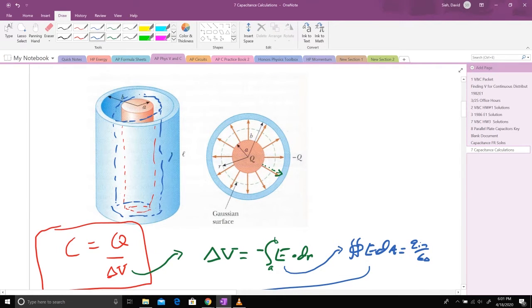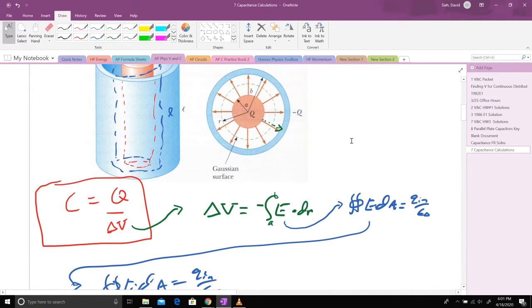It's going to have a length L, and it's going to have a radius here that is just a generic little r. I'm setting it inside, where r is between a and b, in that area between the two sides of the capacitor.